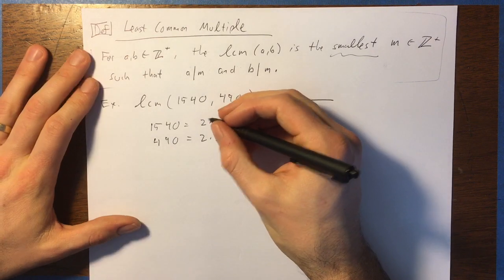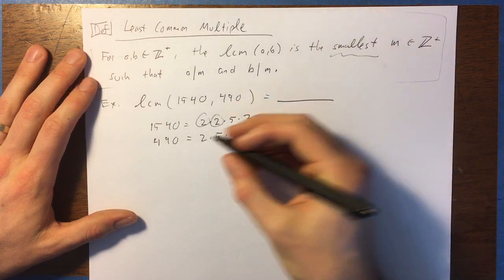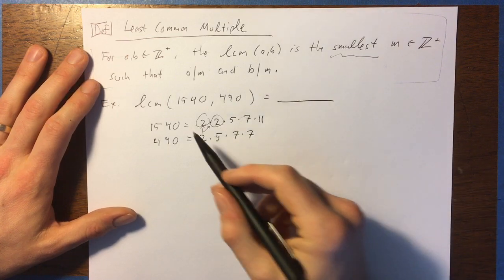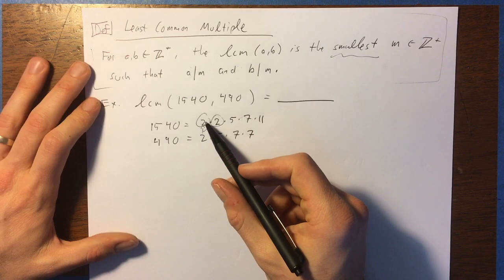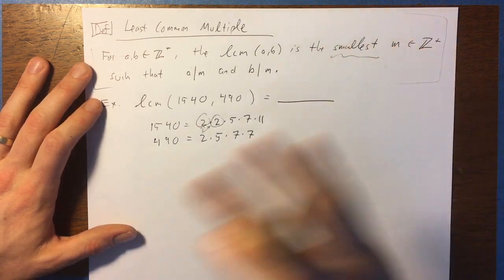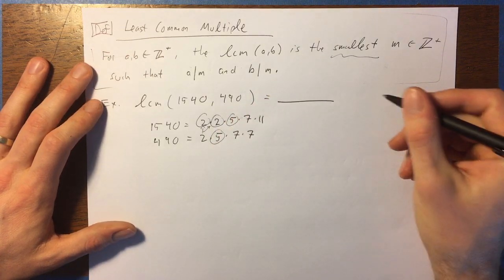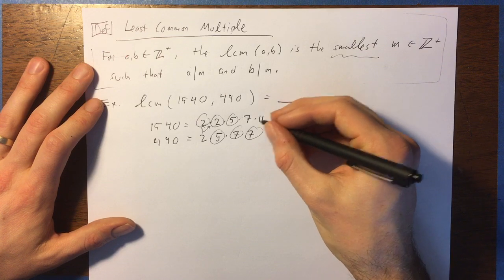So we can take up to two 2's, okay? It's not what's the minimum, it's more like what's the maximum we can get. We can take one 5, we can take two 7's, and we can take this one 11.